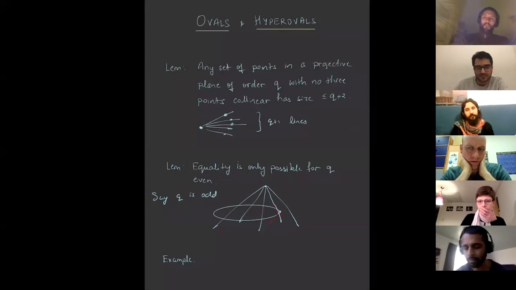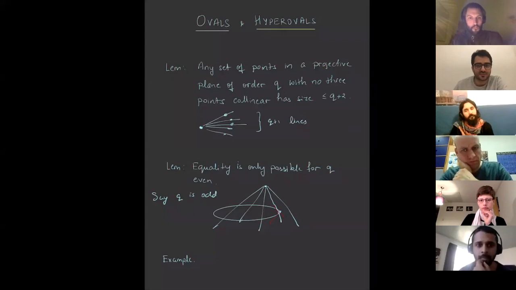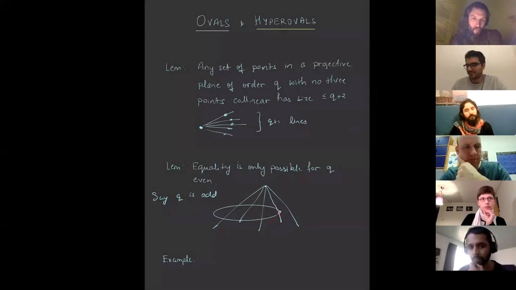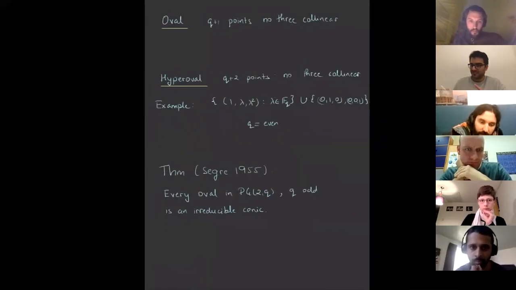So each of these lines meets it in 2 or 0 points. This means that this set must have even cardinality. But if q is odd, then q plus 2 is also odd. Is that clear? Quick sketch. But in the lecture notes, you'll see a proper proof. Okay, good. So we are done with this part.